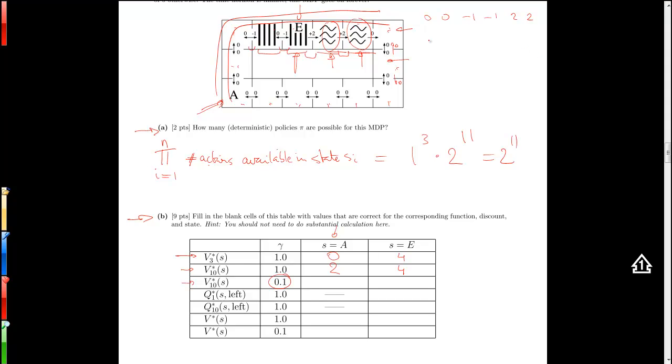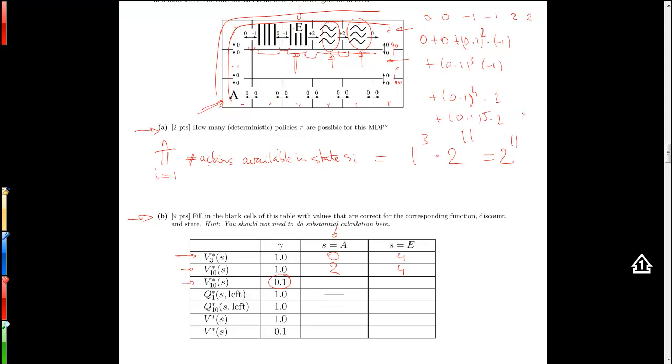And counting this would be 0 plus 0 plus 0.1 squared times minus 1 plus 0.1 cubed times minus 1 plus 0.1 to the 4 times 2 plus 0.1 to the 6 times 2.